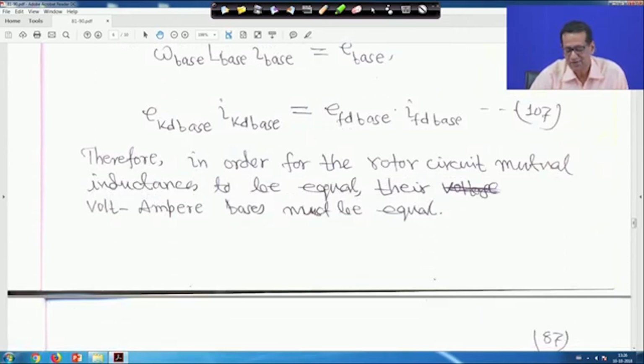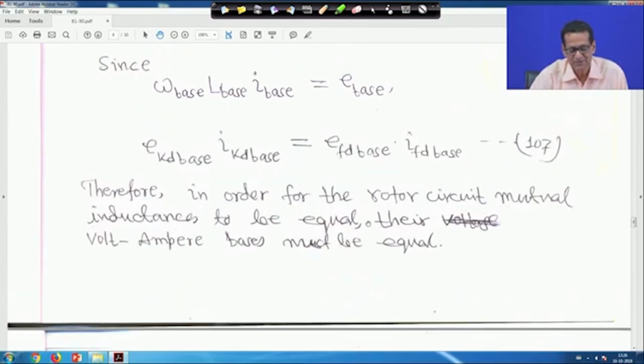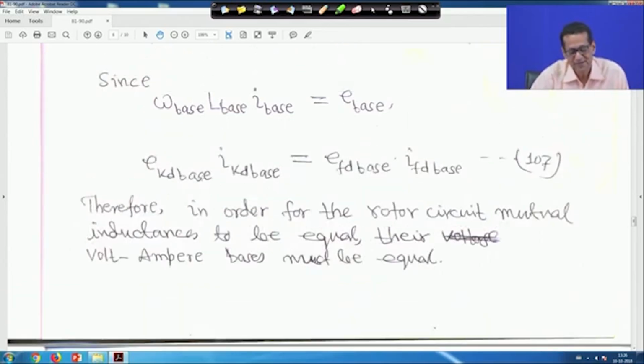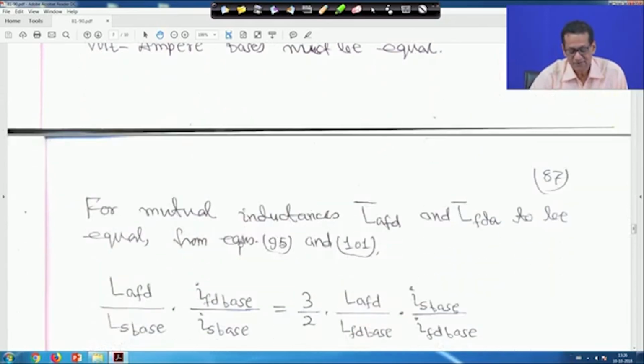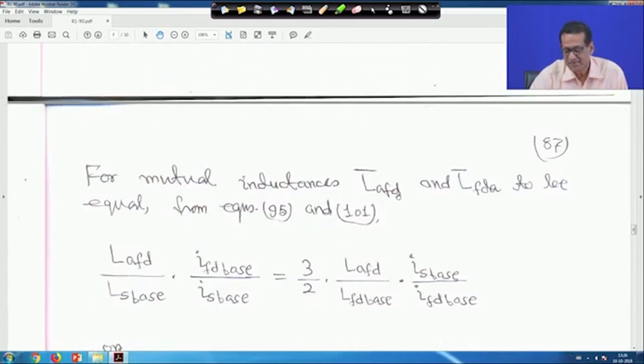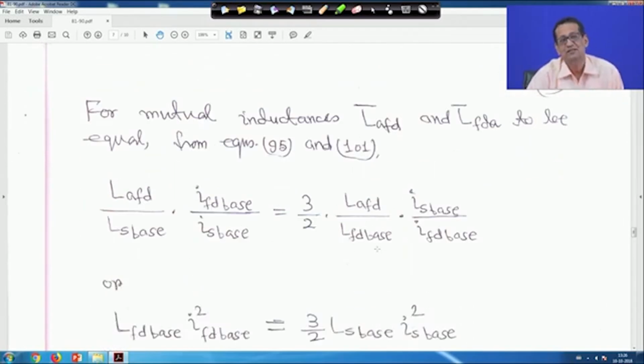Therefore, for the rotor circuit mutual inductances to be equal, their volt ampere base must be equal, because this side is volt ampere, V into I, basically E into I, and this side is also E into I. Similarly, for mutual inductances LFD bar and LFDA bar to be equal, from equation 95 and 101 they have to be equal, otherwise you cannot make per unit and refer to either side.